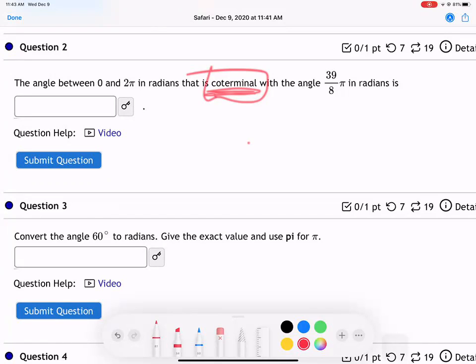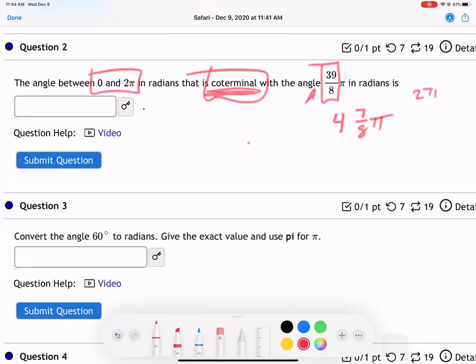Anyways, so let's go ahead and talk about this. We want to see coterminal. So where does this fall on the unit circle between 0 and 2 pi? 39 over 8 pi. That's really big. So let's go ahead and divide it. That's going to be 4 remainder 7 over 8 pi. Now, here's something that we know.